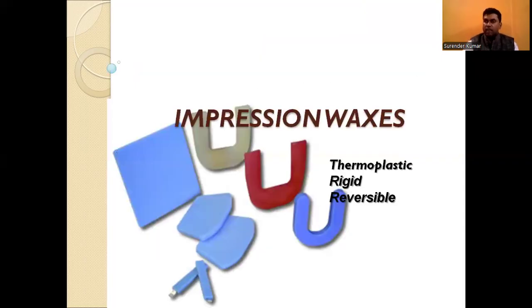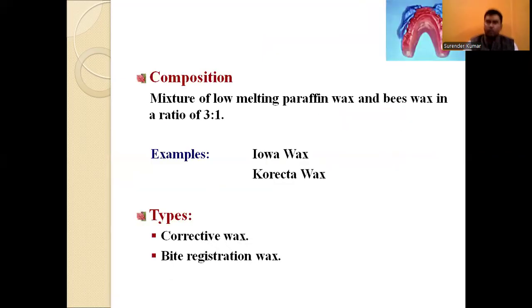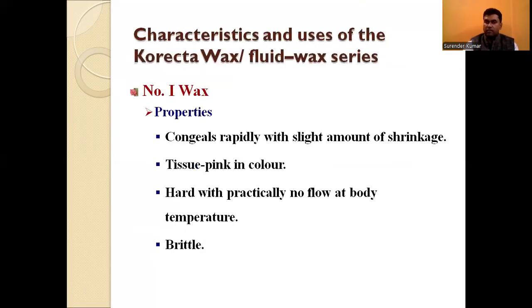Coming to the impression waxes, they are thermoplastic, rigid and reversible. Composition: a mixture of low melting paraffin wax and beeswax in the ratio of 3:1. Examples are Iowa wax, character wax, and the types you can say are corrective wax and white registration wax.